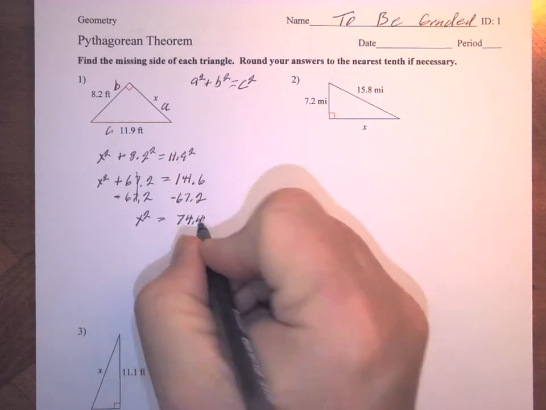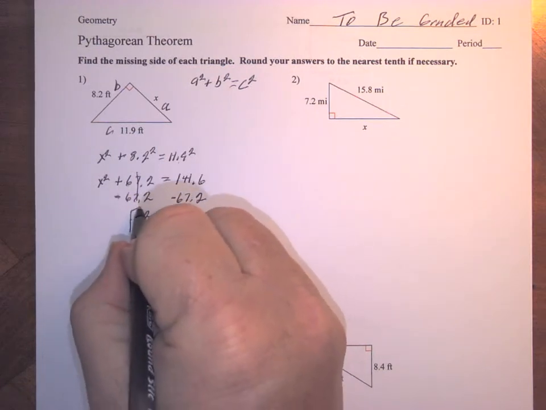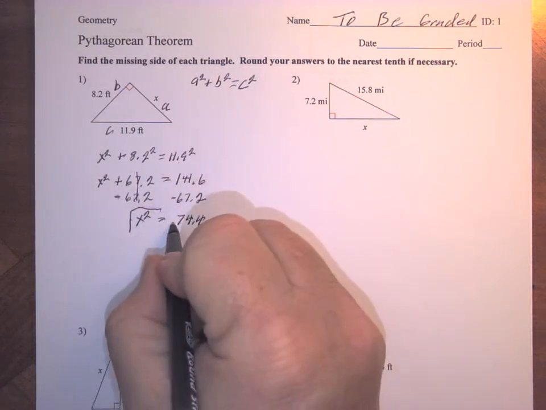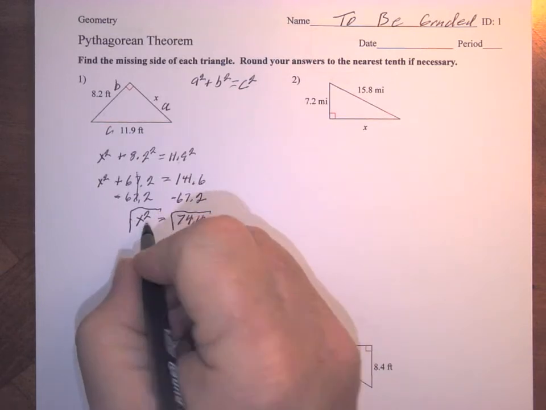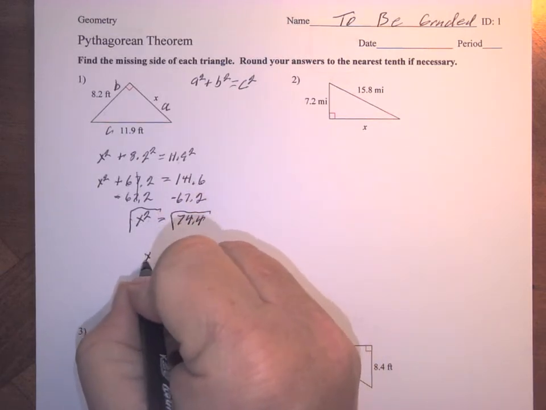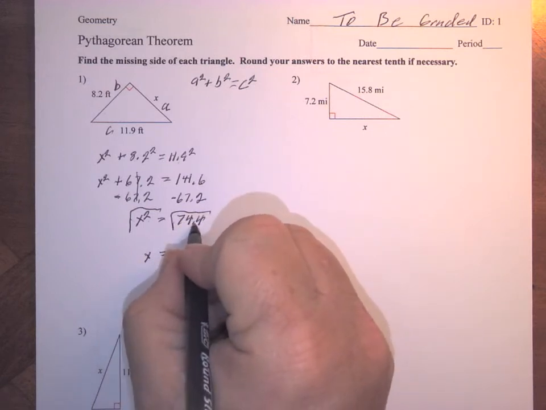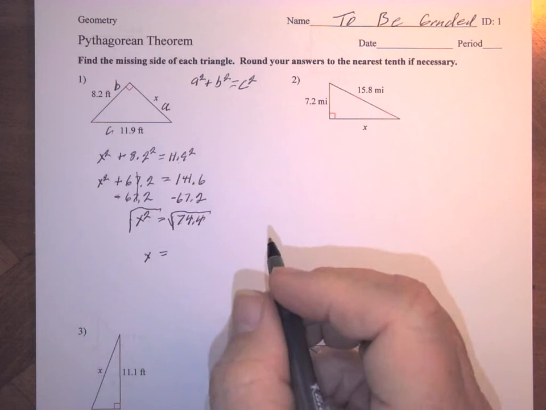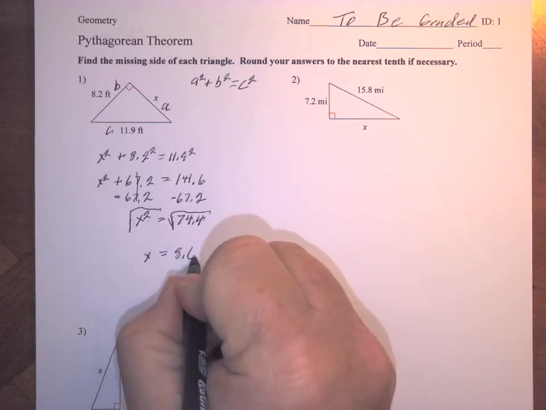74.4. All right, to get to a single x, we're going to take the square root of x squared, and we got to take the square root of the one next to us. Well, the square root of x squared is x, and so x is equal to the square root of 74.4, which is 8.6.